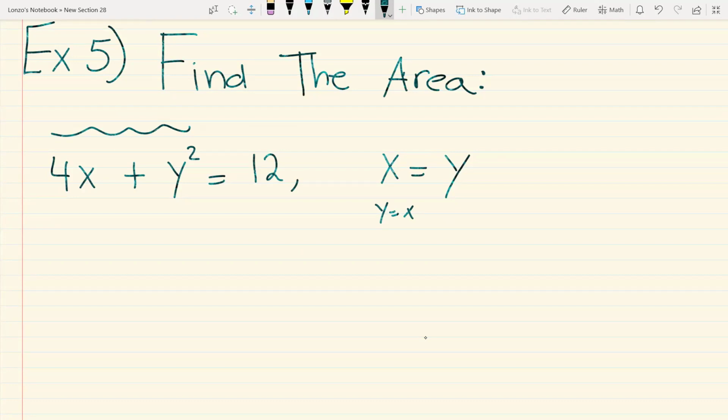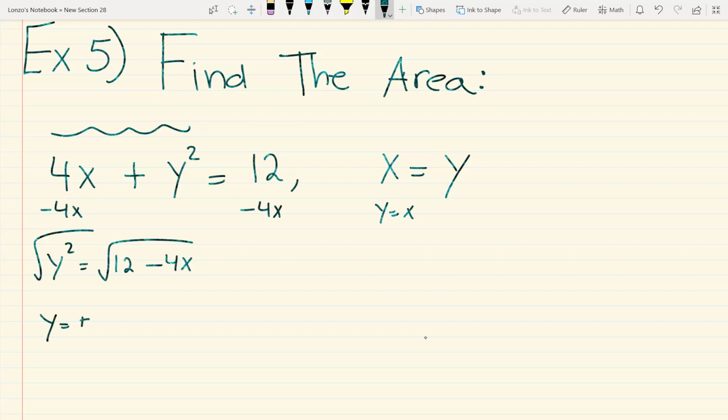So over here, I'm going to subtract 4x, and then you get y squared equals 12 minus 4x, and then take the square root of both sides. So y equals plus or minus square root of 12 minus 4x. Okay, and then what I would do next is set the equations equal to each other.